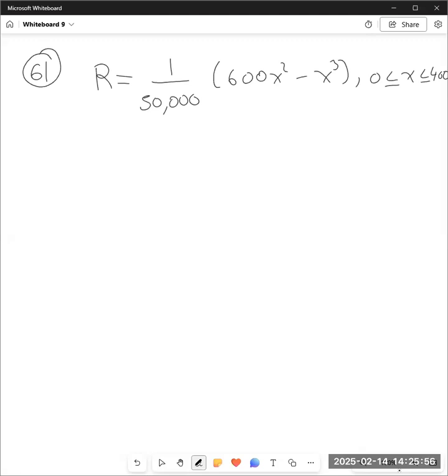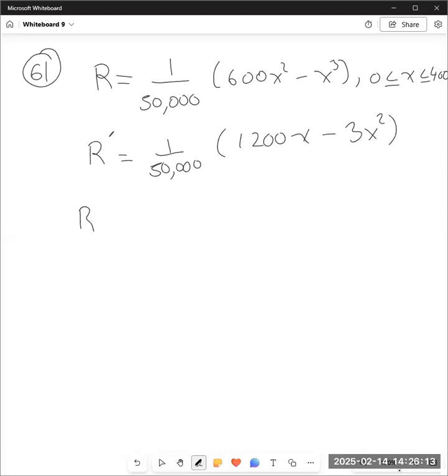So we're going to find the second derivative of R. R prime is going to be 1 over 50,000 times (1200x minus 3x squared).